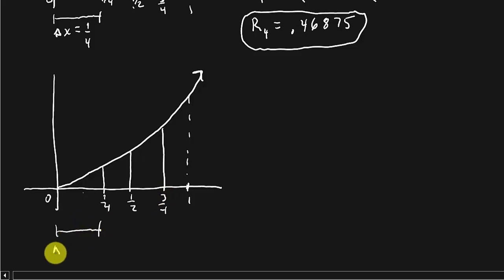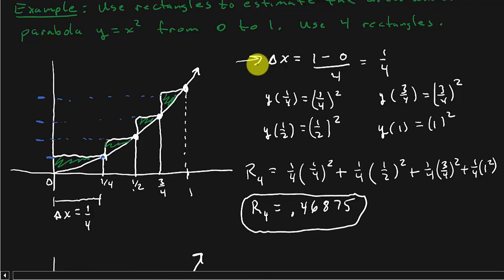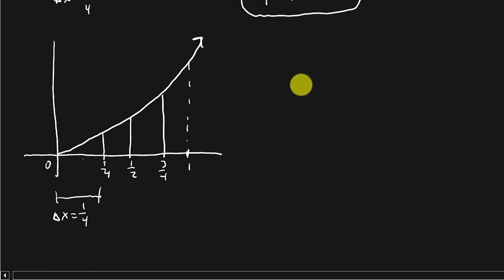We know the width, delta x, is 1/4. All this I'm getting from what I did up here. But this time, instead of right endpoints, we're using left endpoints. So I'm here, here, here, and here. And so there's our rectangles.